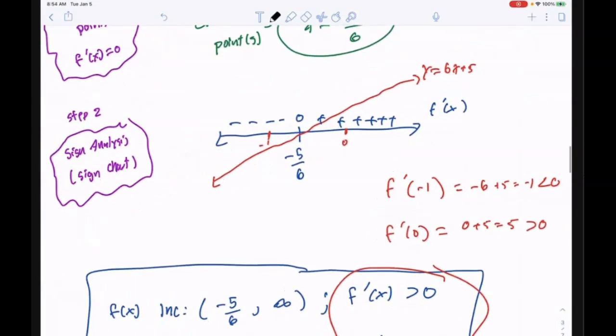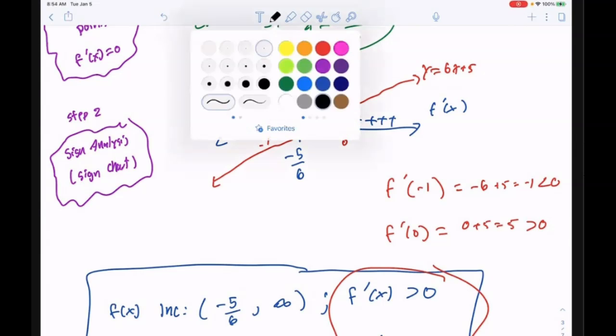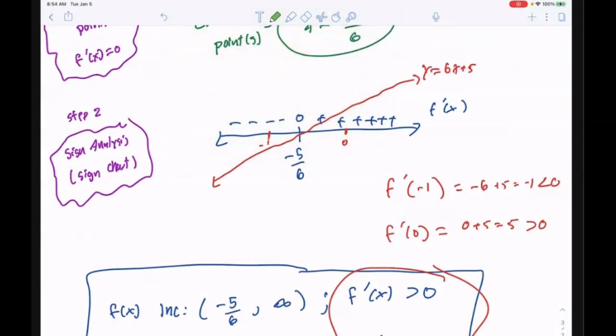So the graph goes from decreasing to increasing.